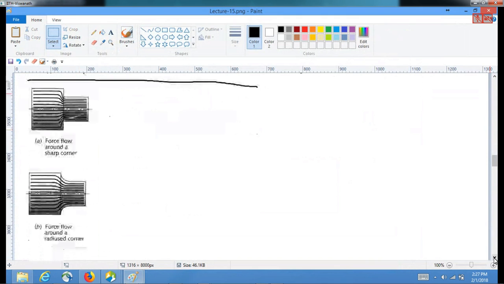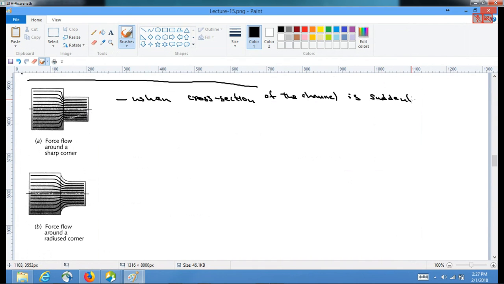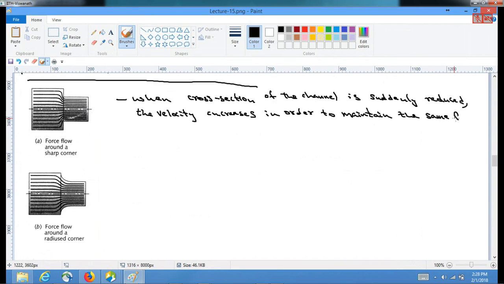So if you look at here, in this section, when the cross section of the channel as shown here is suddenly reduced, the velocity increases in order to maintain the same flow.